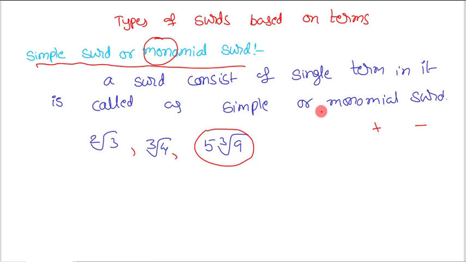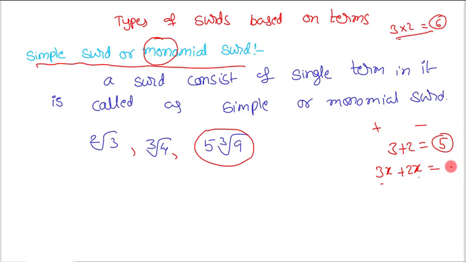Let me take a simple example. 3 and 2, the product is 6, which is one number itself. But you may ask, 3 plus 2 is 5, it is also a single term, isn't it? But this is not always true. When you take two unlike terms, they cannot be added, so they are treated as separate terms. Take 3x plus 2x: these are like terms and can be added, so it can be written as 5x. But 3x plus 2y cannot be added, so these are separate terms.